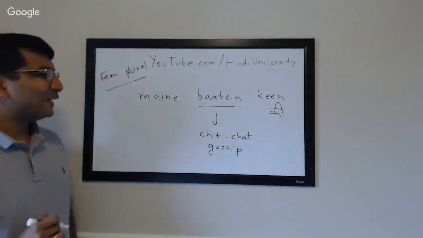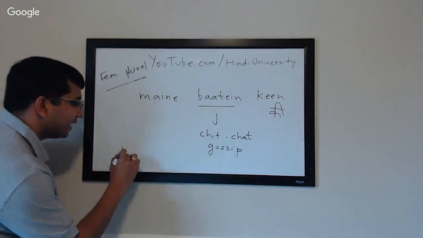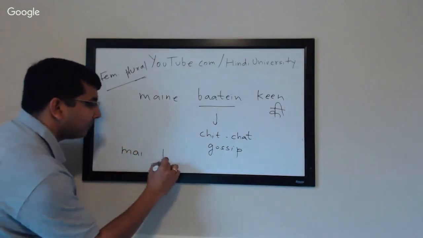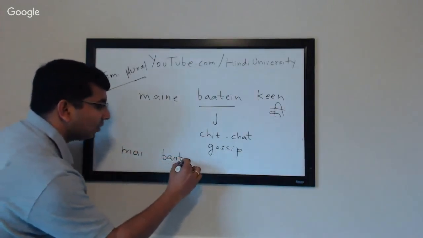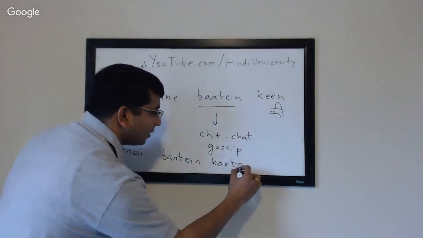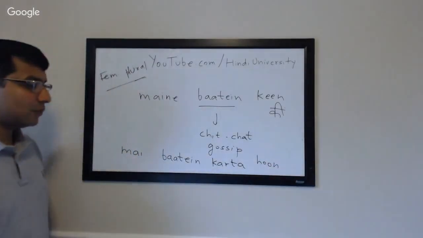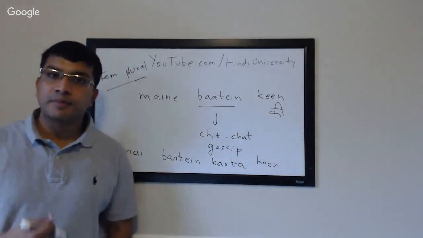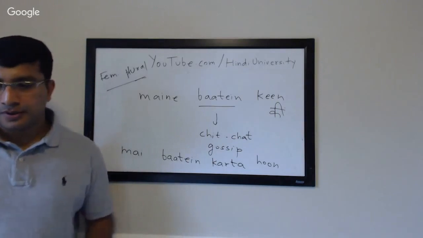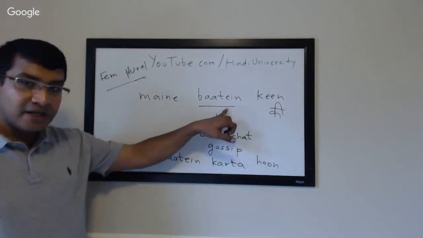Okay. In the present tense, you will say मैं बातें करता हूँ. I do the talking. Okay. Or for a girl, you can say मैं बातें करती हूँ. It's feminine.